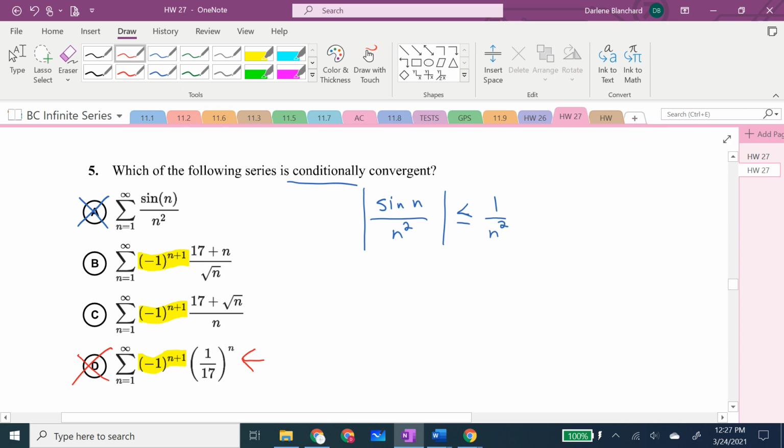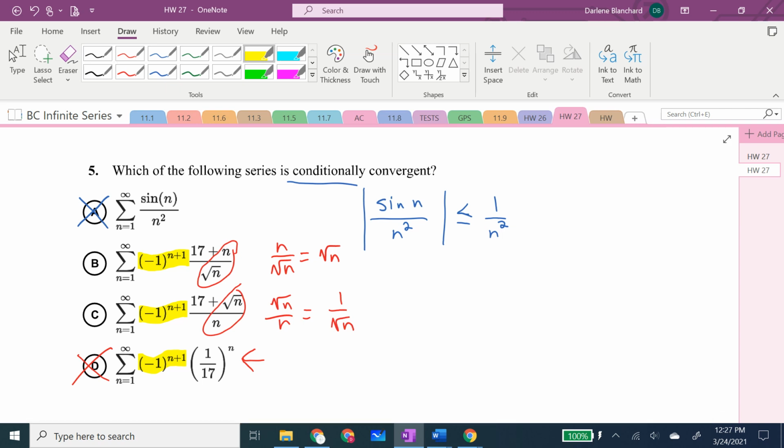Then I turn to the last 2 and I look at the key difference. I've got an n over root n and a root n over n. If I simplify, what I want to realize is going on is B is asking you if the square root of n as an alternating series converges or diverges.